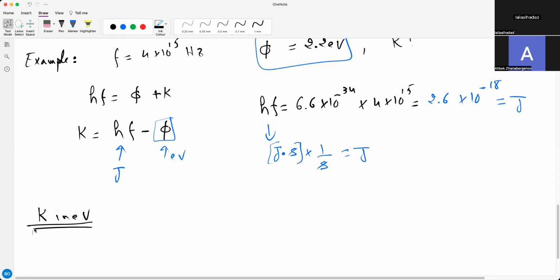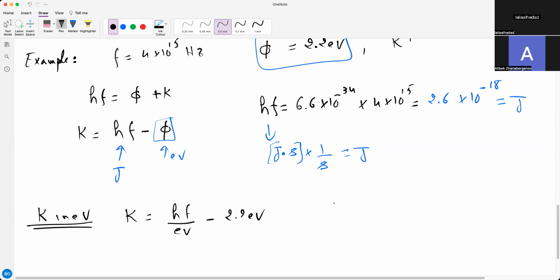This is what I'm asking you. What do you have to do? Convert the HF. Exactly. So the kinetic energy, HF, must be converted to electron volt, and the work function is already given as 2.2 electron volt.